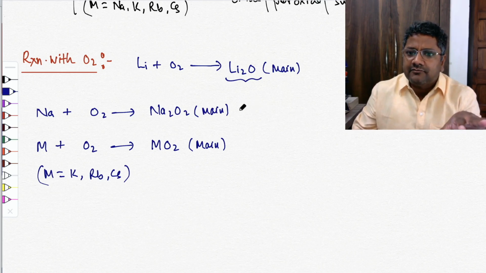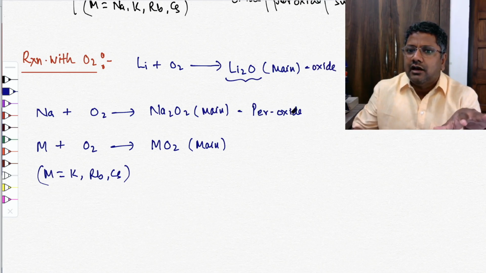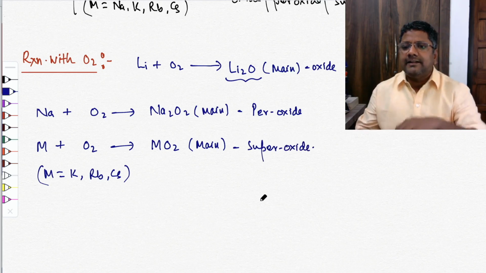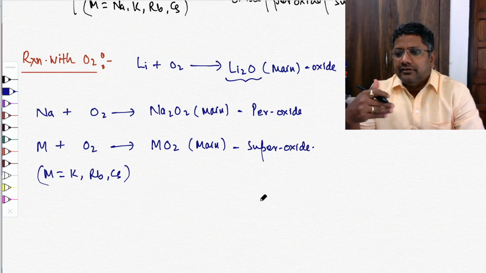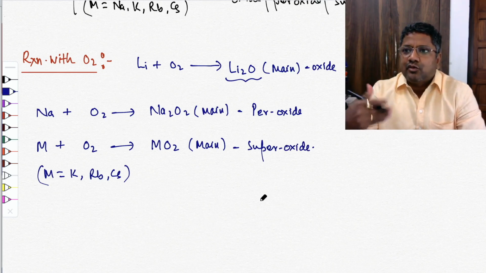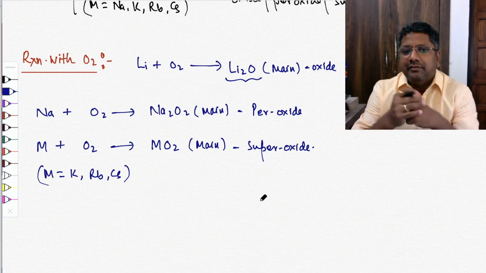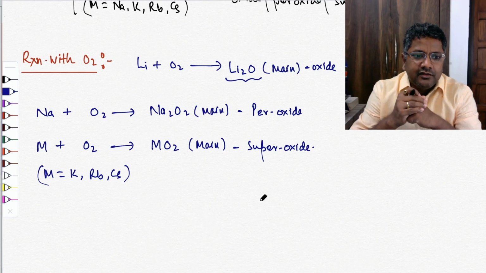Sodium mainly forms peroxide, this is a normal oxide, and this is superoxide, right? So this is the variation in the products when metals of the first group react with oxygen, right?